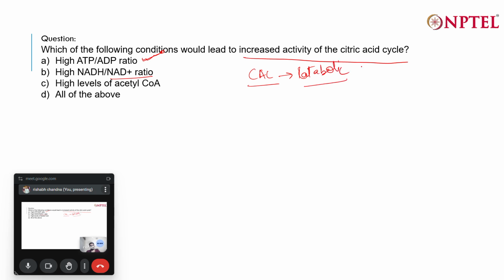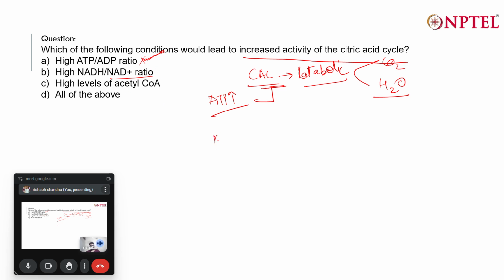It helps in releasing carbon dioxide and water. Whenever ATP is high, there would be no need of the citric acid cycle, so it will be inhibited. So the first option is wrong.